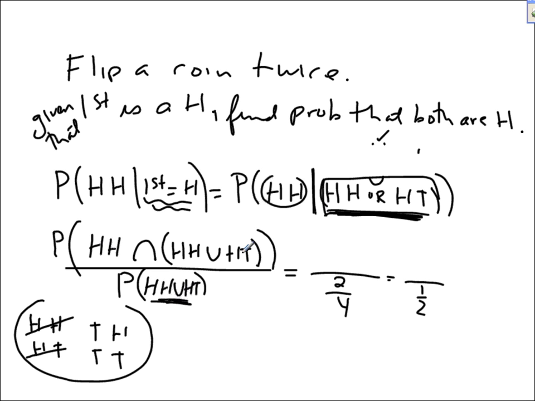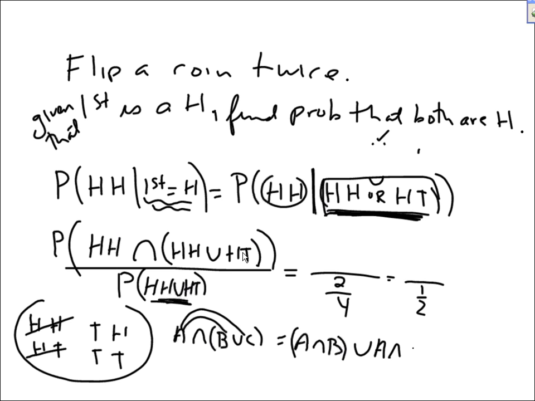Now you need to remember that if you have A intersect B union C, this is A intersect B, or A intersect C. Well, H intersect HH, that's HH.